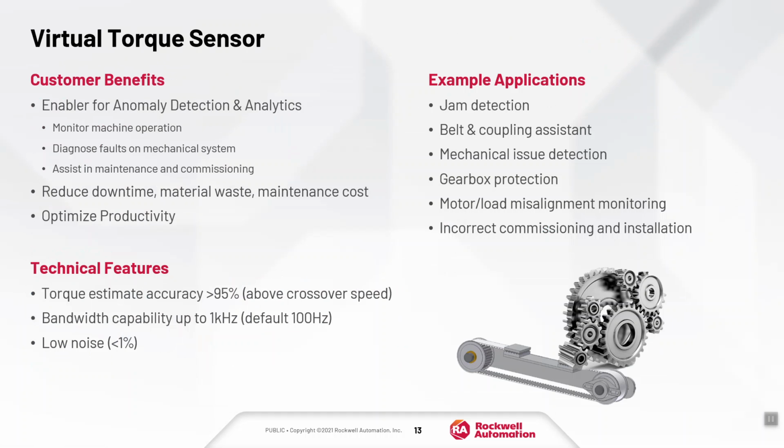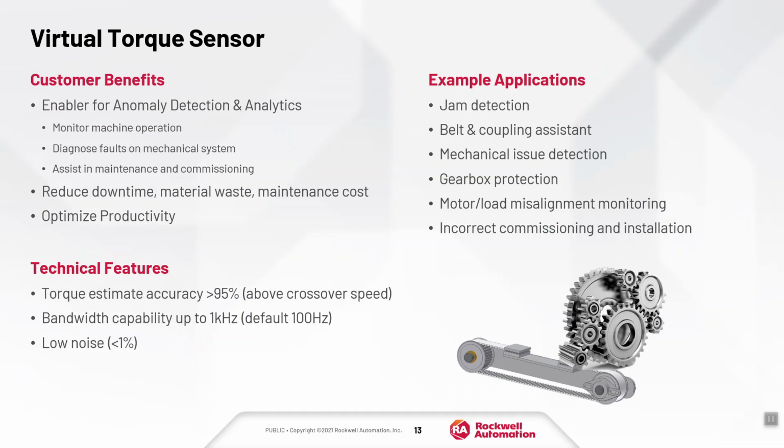So the virtual torque sensor can be used for anomaly detection and analytics. So you might monitor the machine operation of a given asset and then be able to leverage that torque sensor to assist in maintenance and commissioning of a given asset. So we've got a couple of different applications here, like you might be monitoring for jam detection.